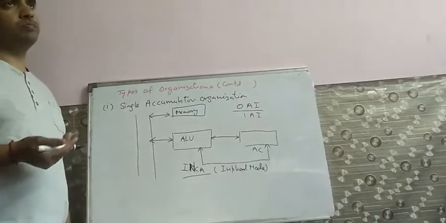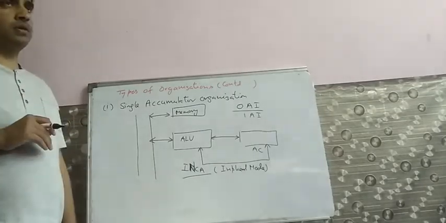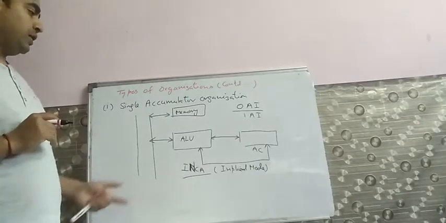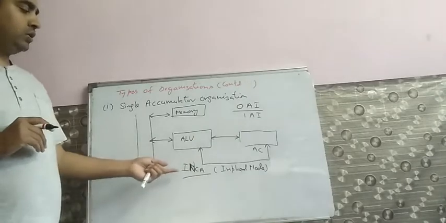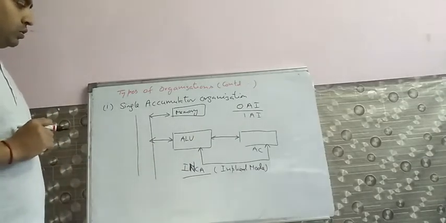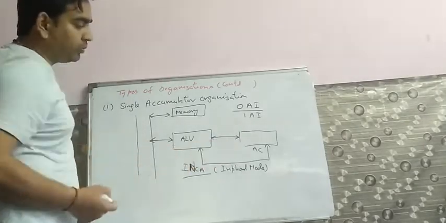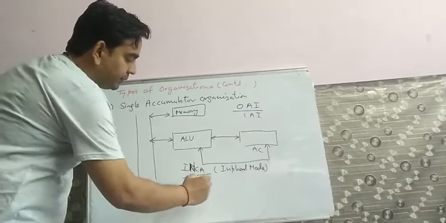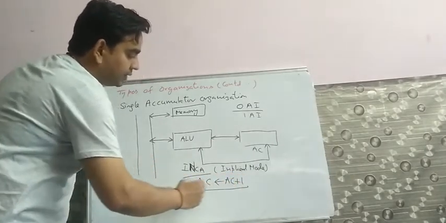We need not tell the CPU that some data is to be fetched. The data which is to be incremented is already in the accumulator. The instruction is increment accumulator, which means AC will be incremented.